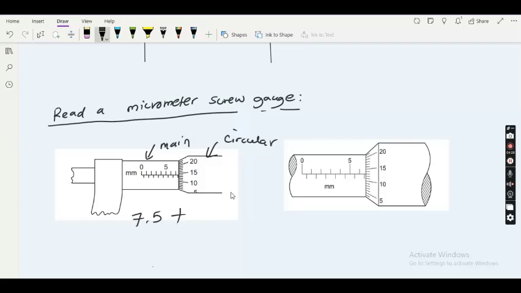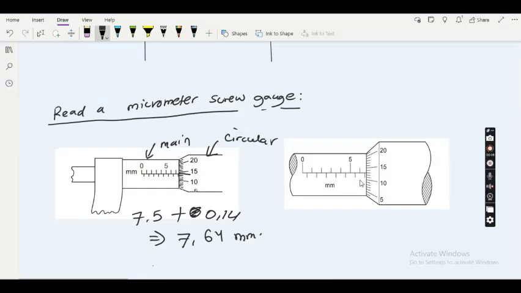And then you will add the value from the circular scale. Can you see that this line is perfectly aligning with the main scale? This is the value you have to take. So this is 10, 11, 12, 13, 14. So plus 0.14, and that will give you 7.64 millimeter. And this is the reading for this micrometer screw gauge.